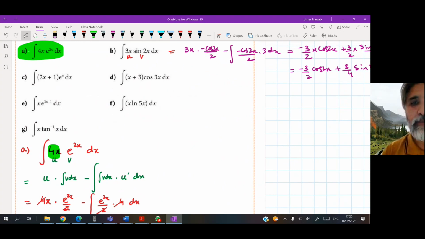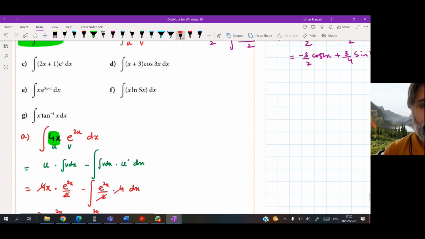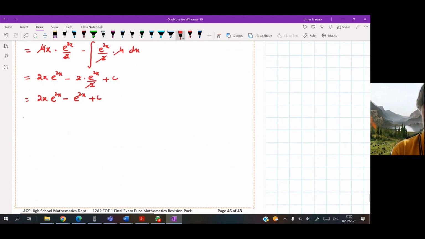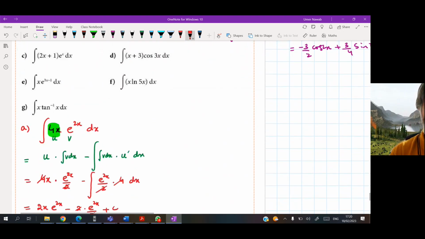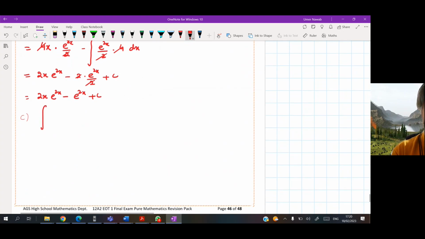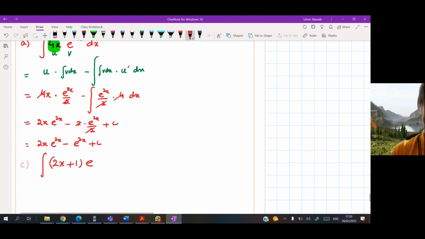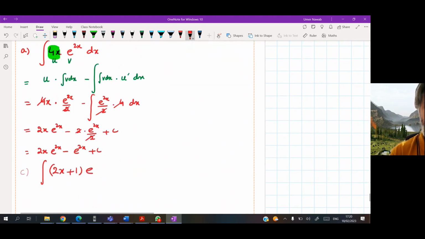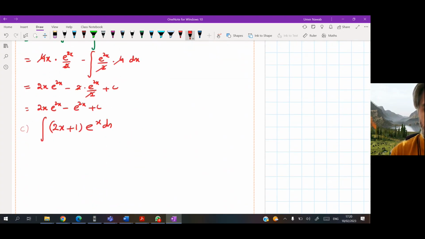I'm going to do the c part. C part is integration of 2x plus 1 times e raised by x dx.